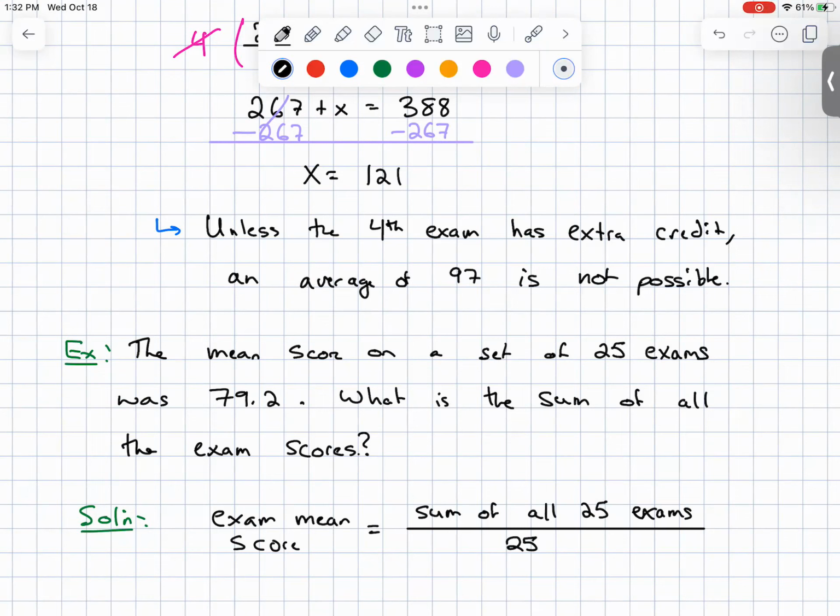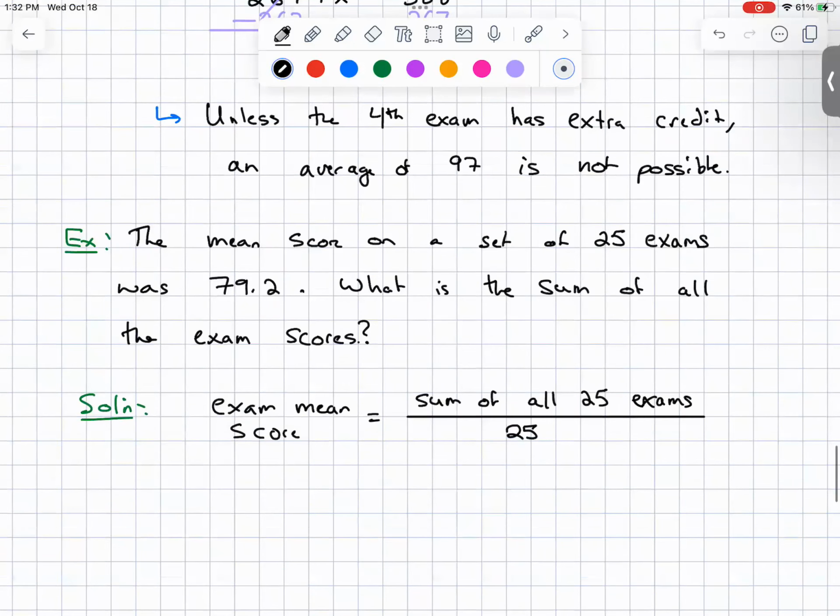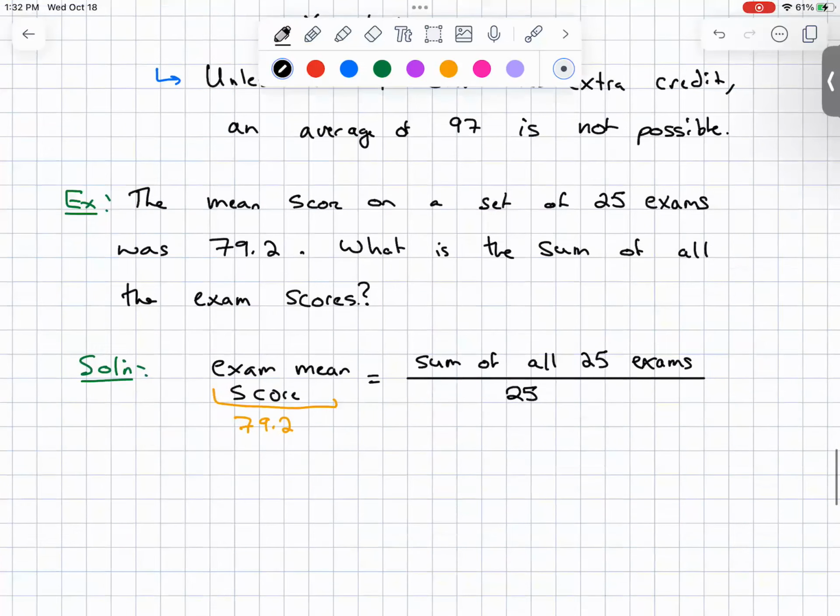So the exam mean score was 79.2. And let's just call the sum X so we can write a nice equation for it. So we get 79.2 is equal to X over 25.